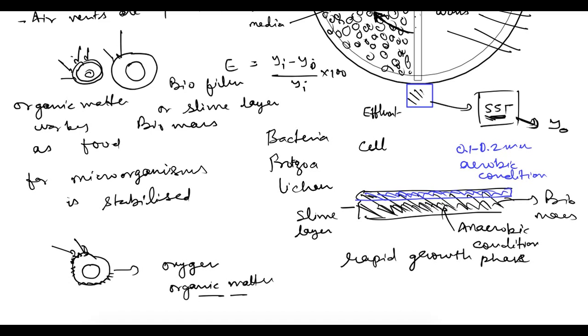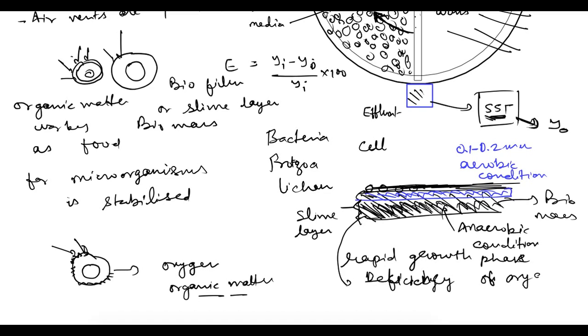So more and more bacteria are coming, so the thickness of the slime layer will be increasing, and due to this increasing thickness, the lower part of the slime layer always faces a deficiency of oxygen, and that's why anaerobic condition exists in this lower part. So what happens with time?